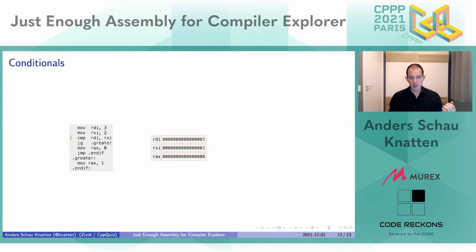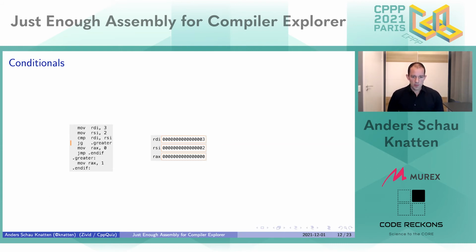And if we execute that line, you can't really see anything changing. It doesn't really do anything that you can observe directly here. So comparison just compares these two numbers and stores a bunch of metadata about that comparison. And then you have conditional jump instructions that can be used to do stuff based on that metadata, which was stored away in some flags in the CPU.